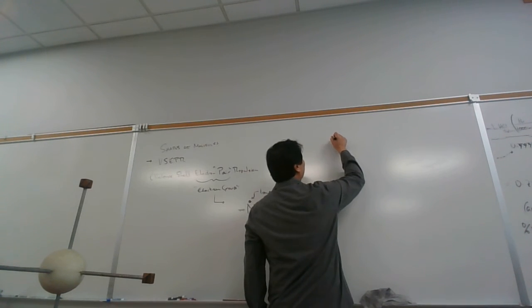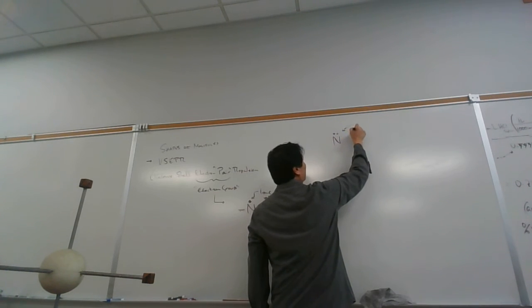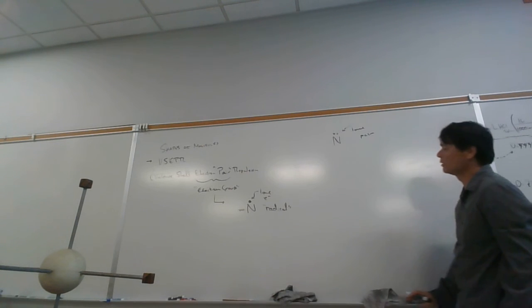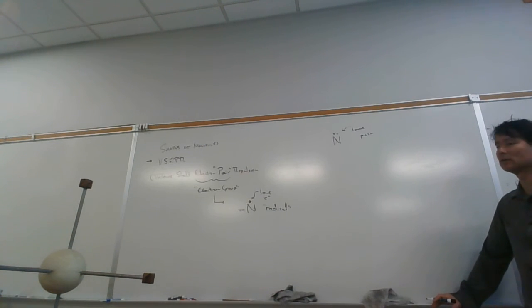Or we can have a lone pair of electrons. For a lone pair, we don't split it up into two radicals. We just leave it as a pair.